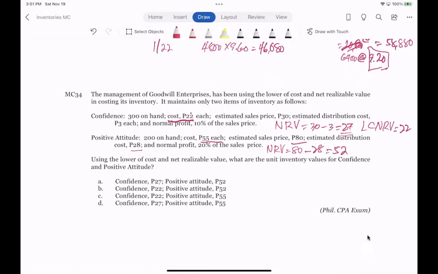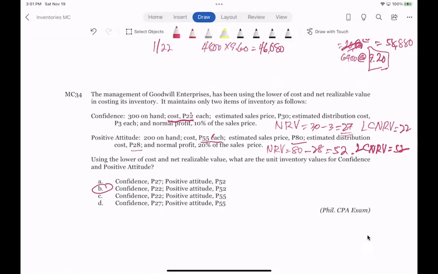Therefore, between 55 and 52, the lower of cost and NRV is 52. Therefore, the answer is 22 and 52. So it's letter B.